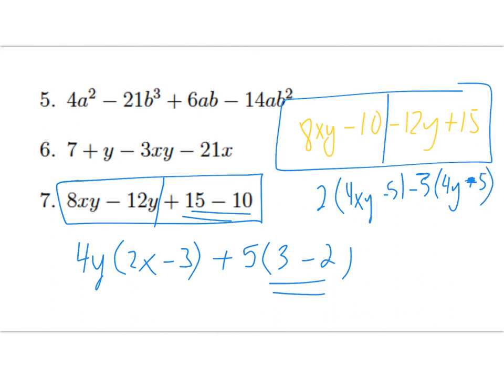Now look, those again are not the same. So what I think we're seeing here, ladies and gentlemen, is sometimes factoring by grouping might not work, and really we should probably combine those two terms.